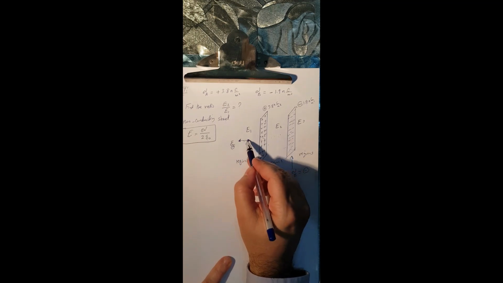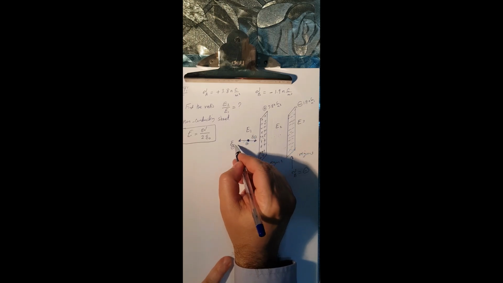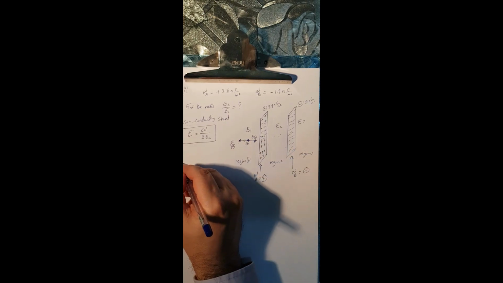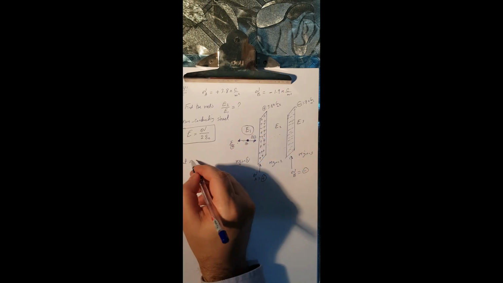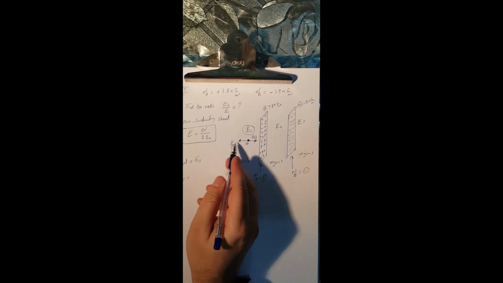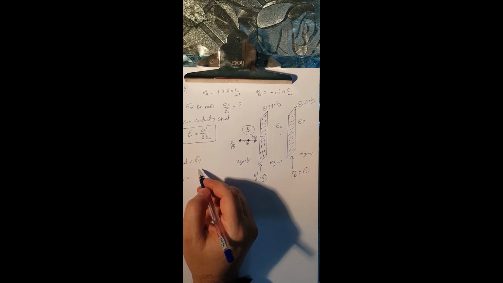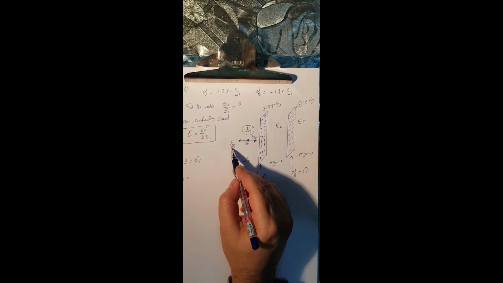Now the negative plate, what does it do here? It has an electric field, but which way? Negative, positive, it's in this direction. This is E negative. So what's the total electric field here? Two opposite electric fields. The net field, which is E1, we can find by subtracting the two fields. Which one is stronger, the positive or the negative?